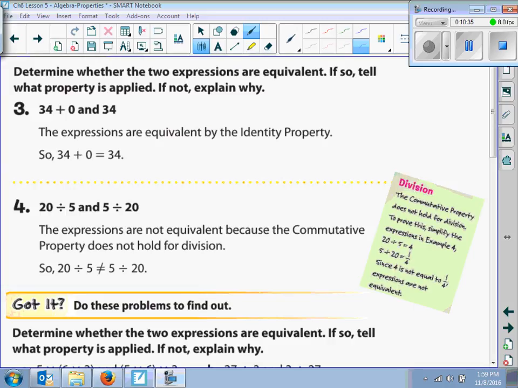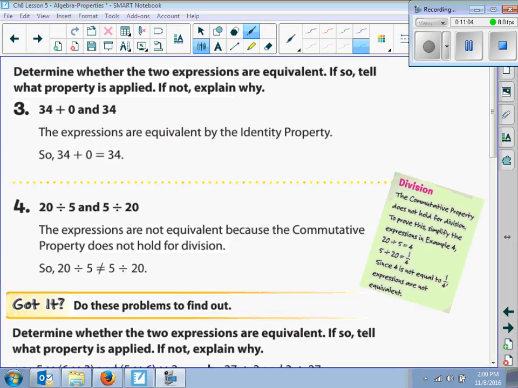The next example, we want to determine whether the two expressions are equivalent. And if so, we want to tell what property is applied. So here we have 34 plus 0, and we have 34. So 34 plus 0 is equal to 34, and 34 is just 34. So are they equivalent? Yes, they are. Now let me ask you this.